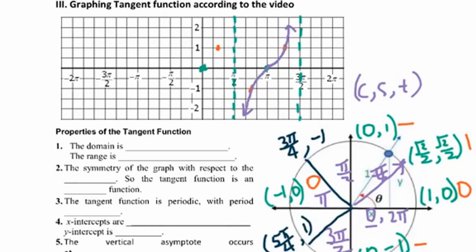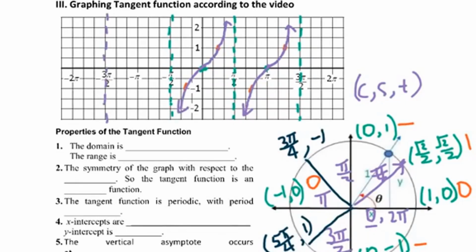Then you have like over here. Then for -pi over 2, that's an asymptote line. So for -pi over 4, that will be -1. So I will draw the graph like this.